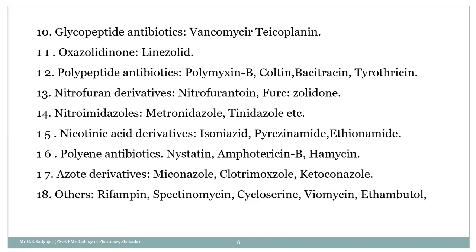So there are several classes of drugs we can classify according to the chemical structure. This is the first possible classification of antimicrobial agents according to the chemical nature of that drug.